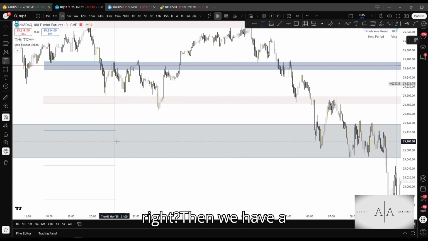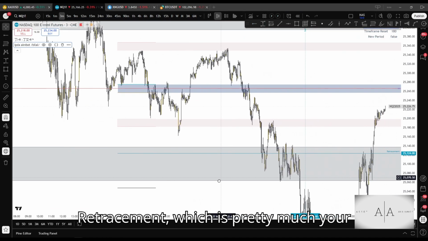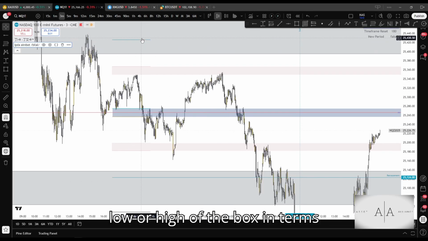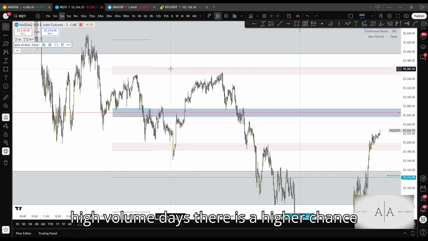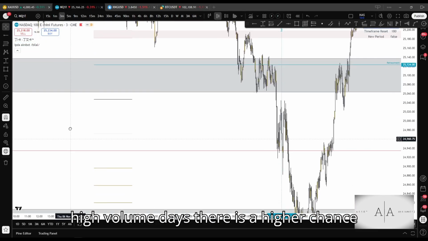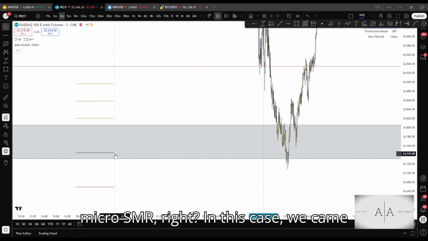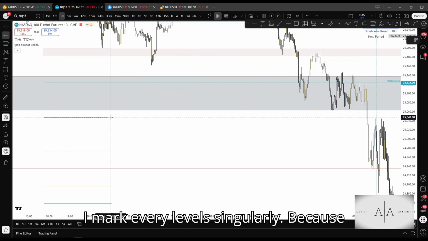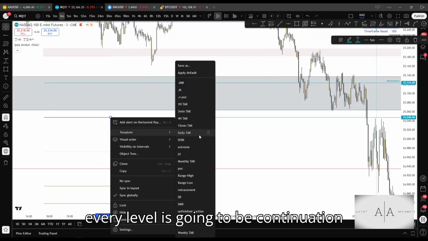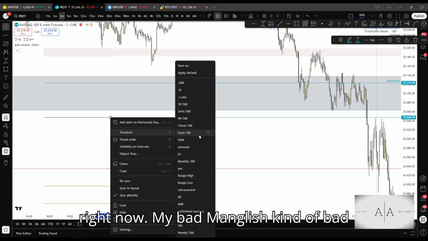Then we have OSTDV level, retracement level. Retracement, which is pretty much your low or high of the box in terms of low volume days. And in mid to high volume days, there's a higher chance that you're gonna get to LV or micro SMR, right? In this case, we came down to SMR instead. So in these days, I mark out every level singularly, because every level is going to be a continuation level to the more downside there is, right?